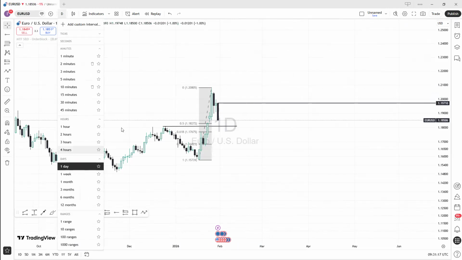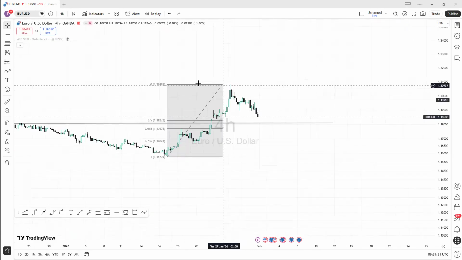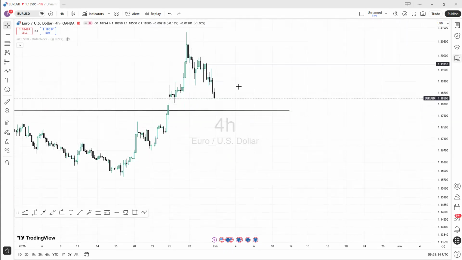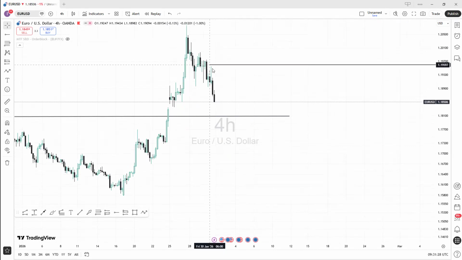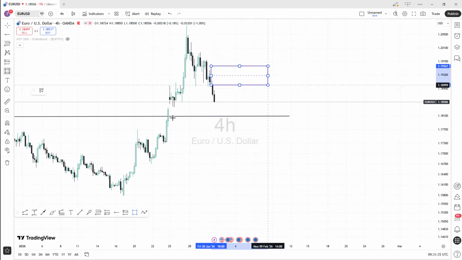You can see if we can get any point of interest to take a short position from. Okay, on that 4-hour time frame here, you have that 4-hour supply zone. On 4-hour time frame, we have that unmitigated supply zone.